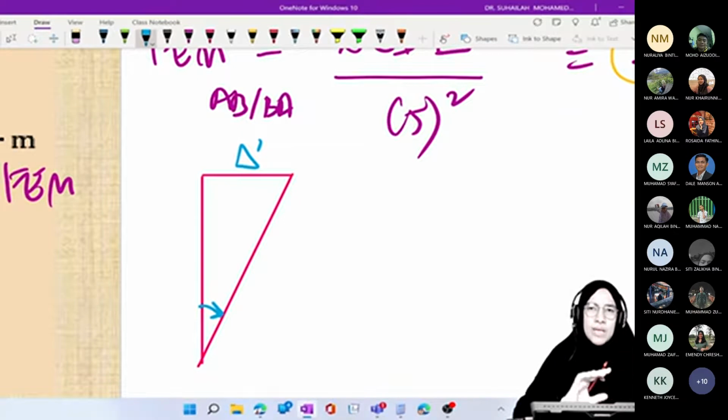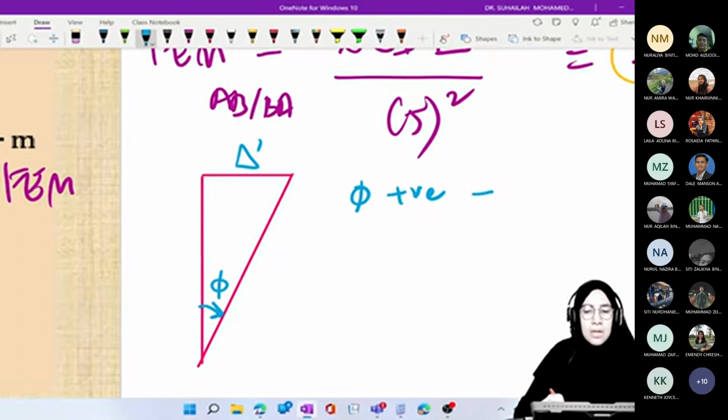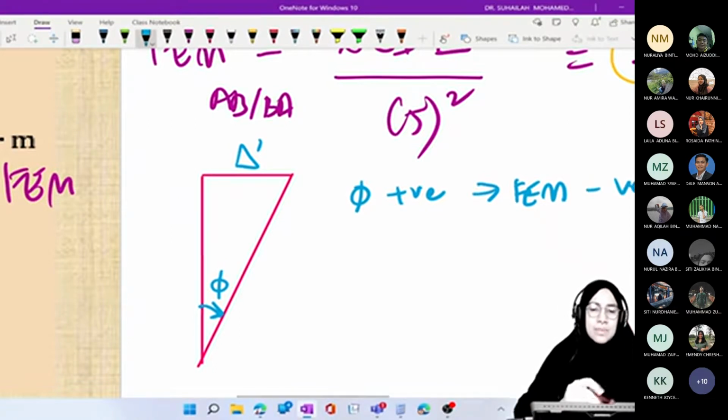Always remember that the angle between is called chord rotation. When angle is positive, it means that FEM is negative, which means this frame is moved to right direction.